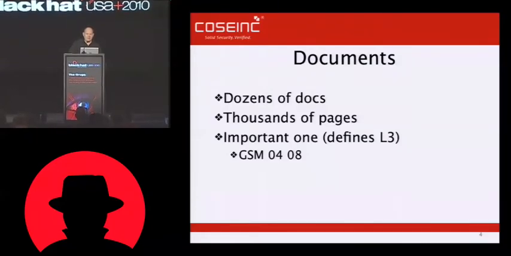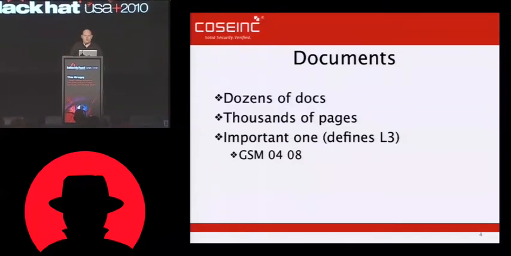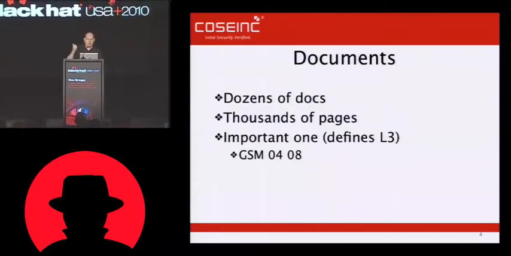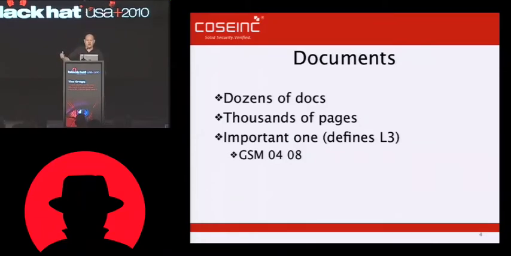If you want to understand how the L3, the actual application layer, works, you have to read GSM 0408, which describes the application layer. You have to read a separate GSM document which describes how the structure formats are defined, and then another one that describes how the definition of the structure formats are encoded. Right? So you need to read 3 documents just to understand it.